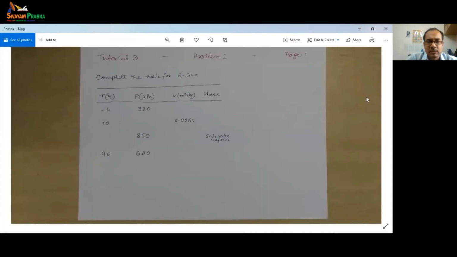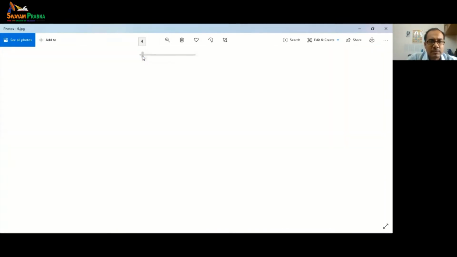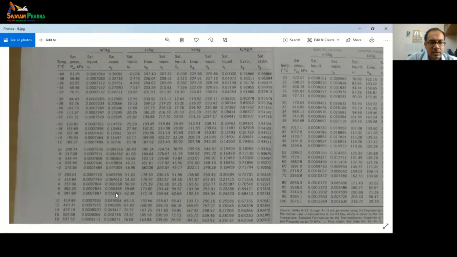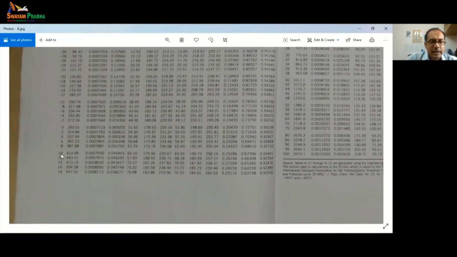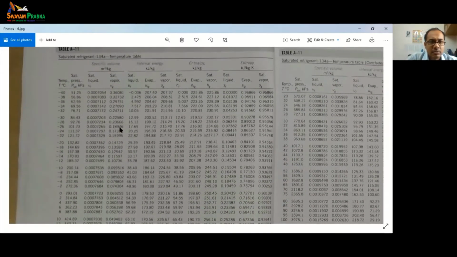Okay, so 10 degrees centigrade and 0.0065. Here at 10 degrees centigrade, we see this is the volume column.